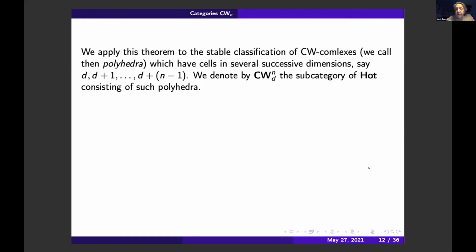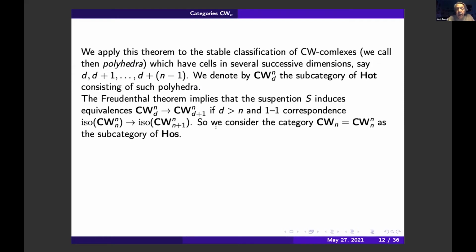We apply this theorem to the stable classification of CW complexes. We call them polyhedra, which have cells only in several successive dimensions, say D, D plus 1, and so on, n successive dimensions. We denote this by CW D n, starting from D and n successive dimensions. It is a subcategory of the homotopy category, consisting of these polyhedra.